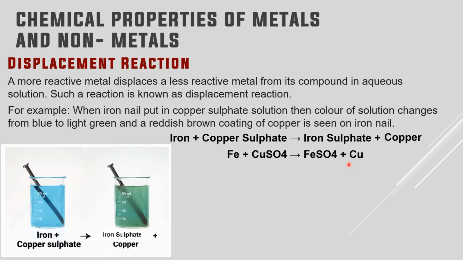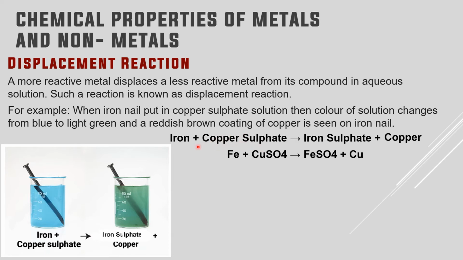I don't remember, but I think like that. Anyway, I'll tell what happened here. These two, iron and copper, both are metals. And this copper is chemically combined with this sulfate. You will learn all that in higher classes, but for now just understand copper sulfate.